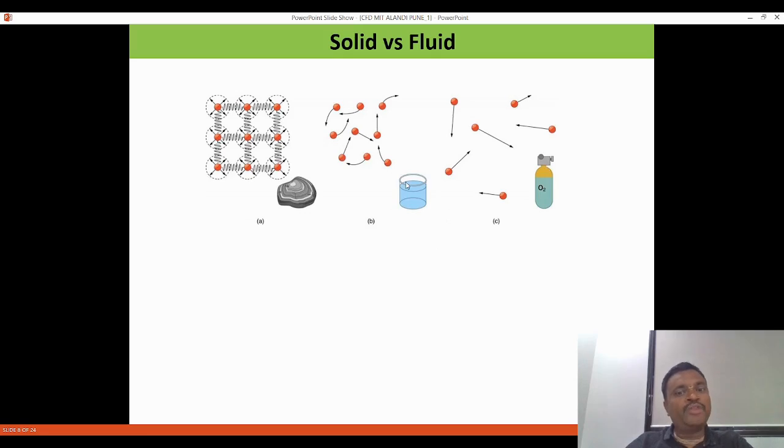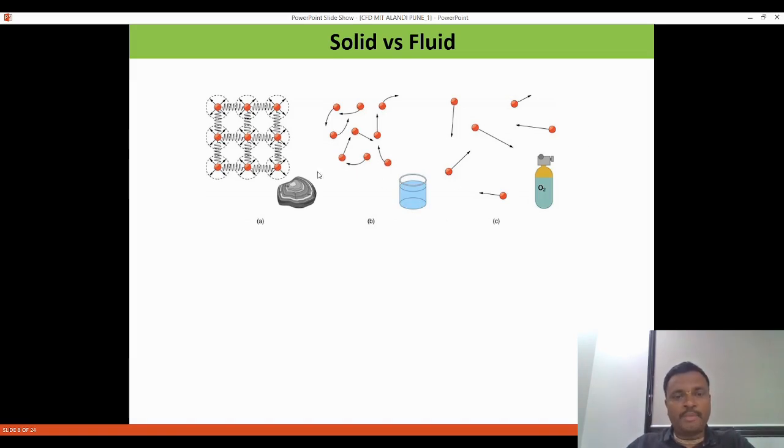They take the shape of the container in which they are filled. Here you can see the example: a properly packed structure. Here it is randomly arranged, and when it goes into this cylindrical vessel, it will take the shape of the vessel. This is a gas. It has a lot of freedom. Intermolecular force of attraction is very low, so all the molecules are randomly arranged and they fill the cylinder.